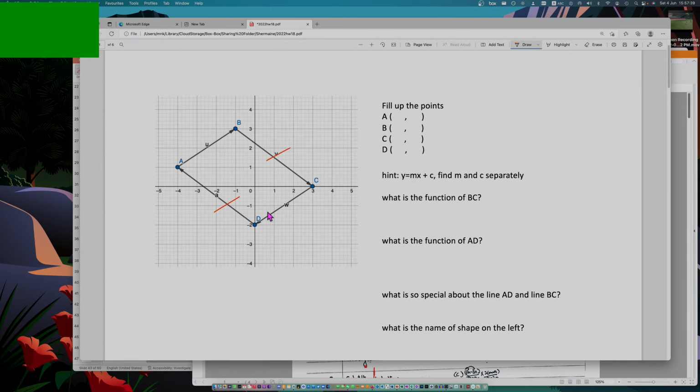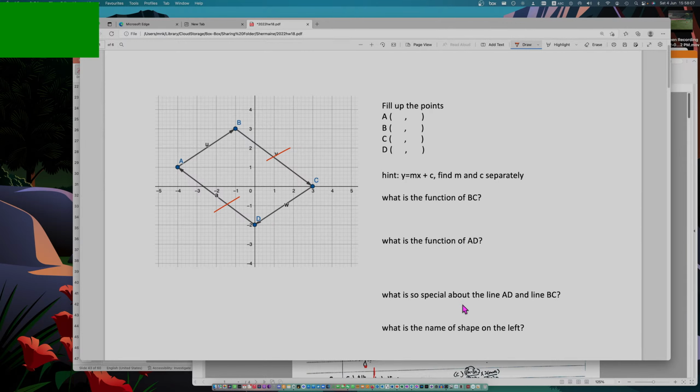Wait. What's the gradient? Circle the gradient for BC. Where is the gradient for BC? Circle. Where is the gradient for AD? What's so special? The gradient is the same. That means what?